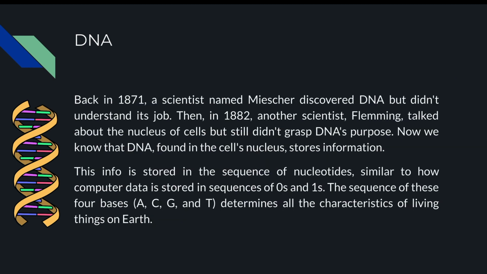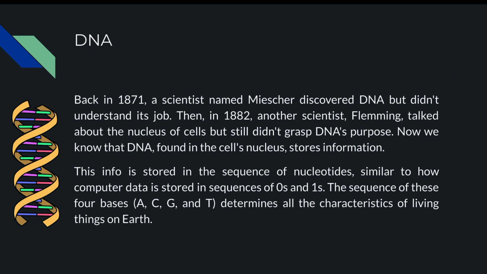Back in 1871, a scientist named Miescher discovered DNA, but didn't understand its job. Then, in 1882, another scientist, Flemming, talked about the nucleus of cells but still didn't grasp DNA's purpose. Now we know that DNA, found in the cell's nucleus, stores information.